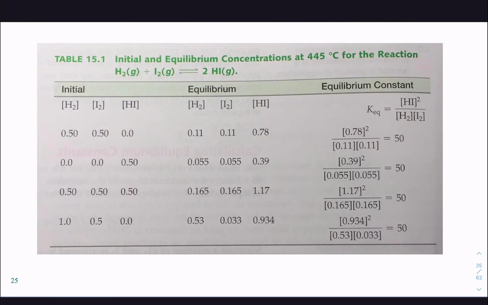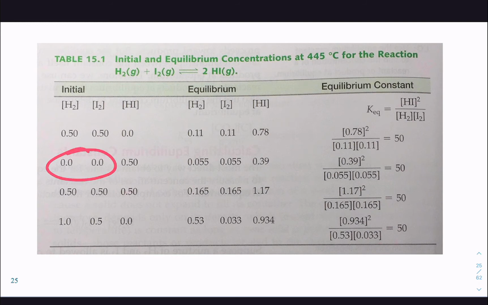This was the table that I was talking about that shows that we don't need to have the same concentrations to get the same equilibrium constant. This is for the reaction we were just looking at. Here at equilibrium, that's 0.11, 0.11, and 0.78. That gives us an equilibrium constant of 50. But if we instead had started, so they started this reaction with 0.5 molar hydrogen and iodine.